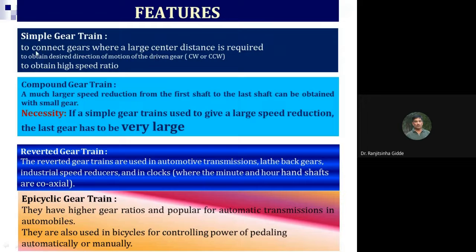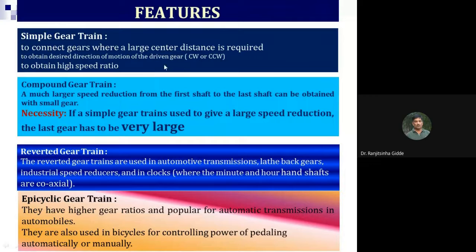So simple gear trains are used to connect gears where a large center distance is required. What is the second function? It is used to obtain the desired direction of motion of the driven gear, either clockwise or counterclockwise, or to obtain a high speed ratio.